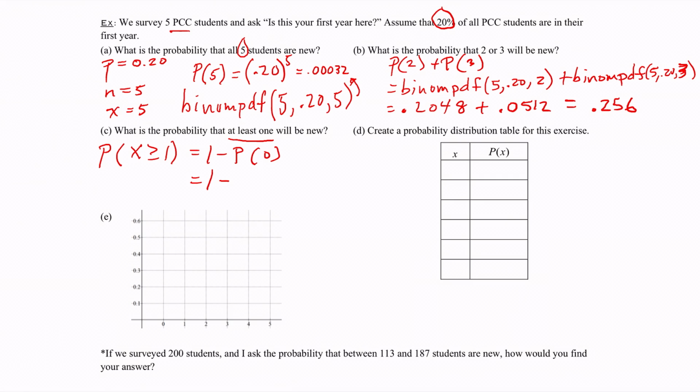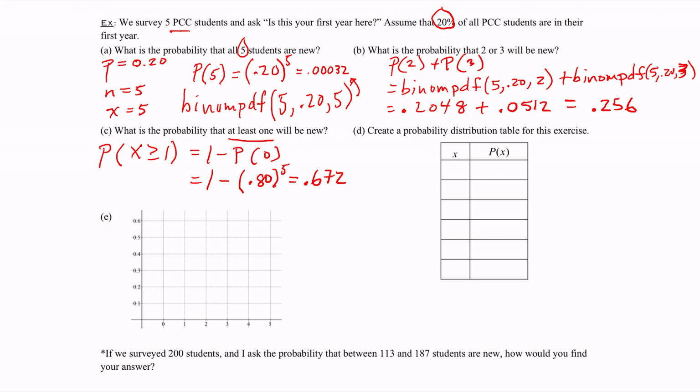Here, because these are independent trials, 0.80 would be our probability of failure. So if all 5 of them were failures, then we have 0.80 to the power of 5 probability of that occurring. So 1 minus 0.80 to the power of 5 would be about 0.672.